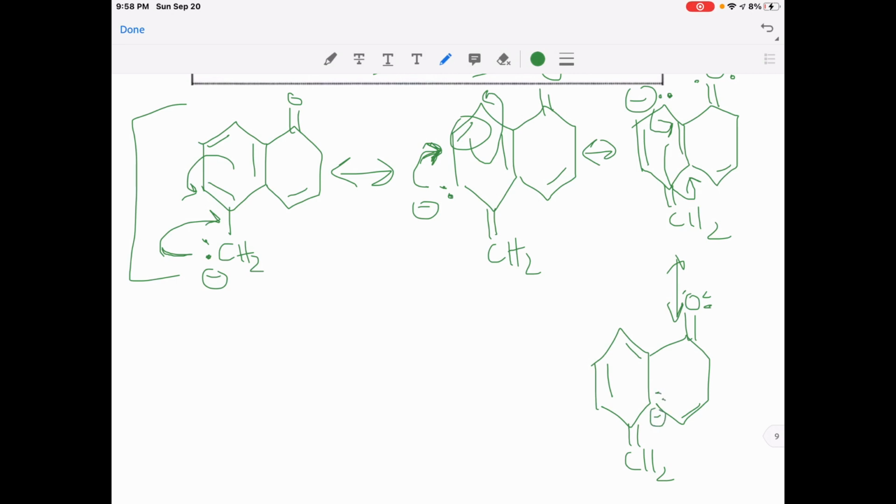So it's still not finished yet, though, because we can still move this electron around, this additional lone pair. So if we do that, there's still one more option for us.